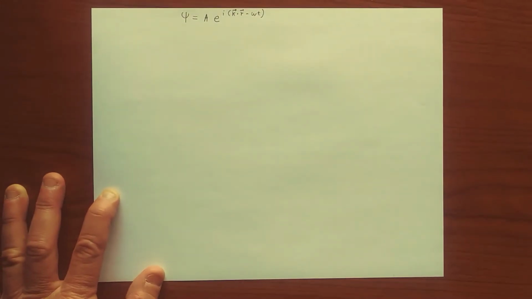Okay, so we want to find a constraint for this kind of object. We want to find an equation that implies this kind of solution, this kind of object for the description of the particle.